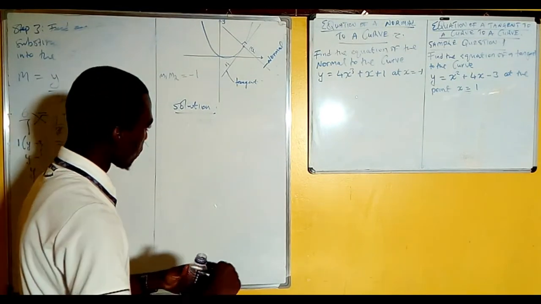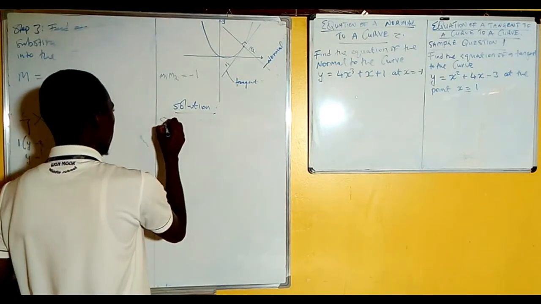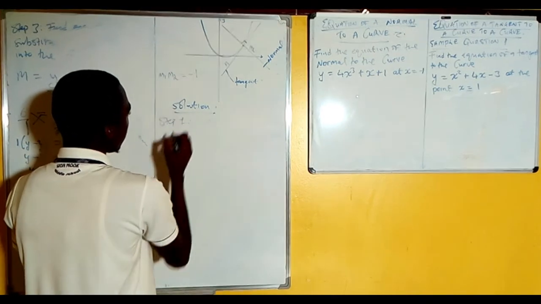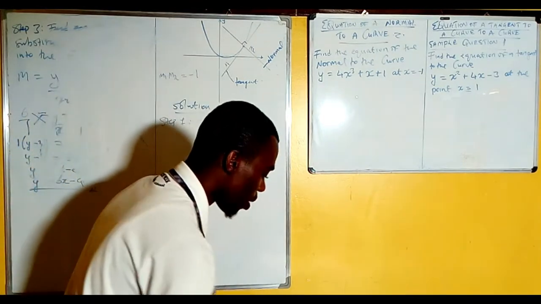So also here, step 1, when you are determining the equation of the normal, it's one and the same thing as we did in the previous.